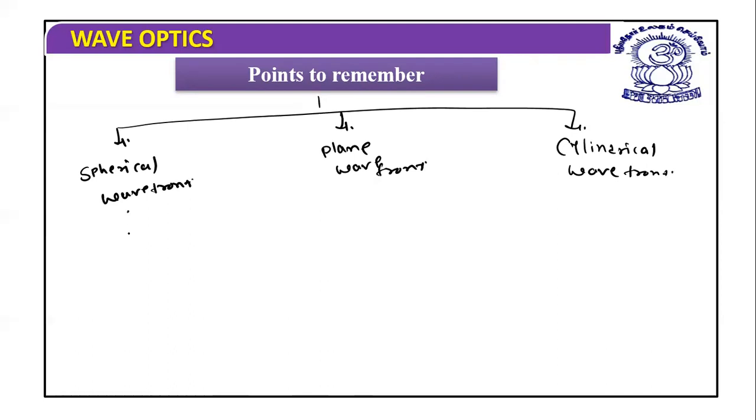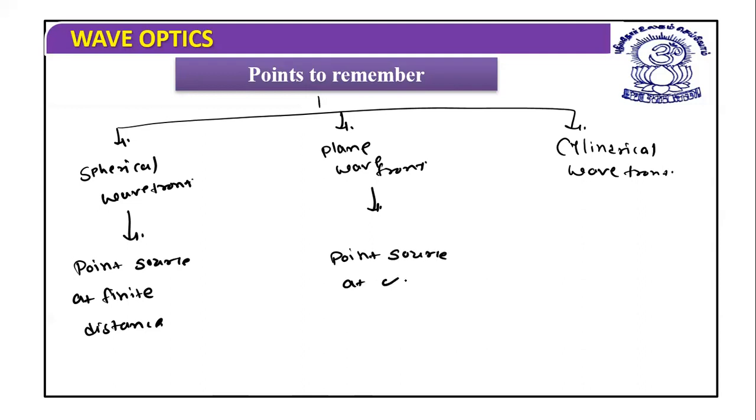We can have spherical wavefront when we have a point source at finite distance. The plane wavefront occurs due to a point source at infinite distance. And cylindrical wavefront occurs due to an extended source at finite distance.